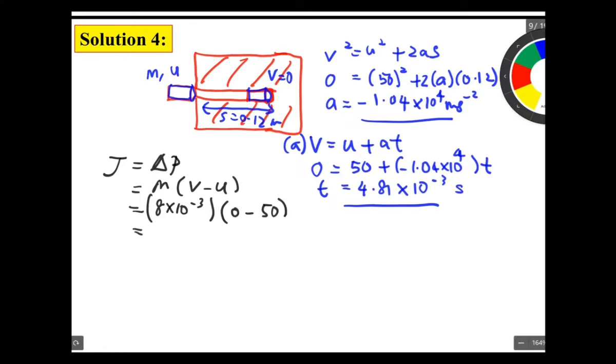So you get the answer is negative 0.4 kg m s^-1, impulse.